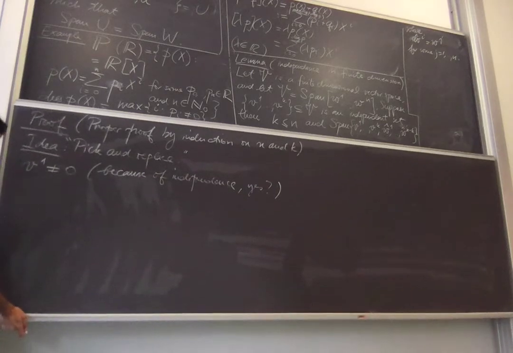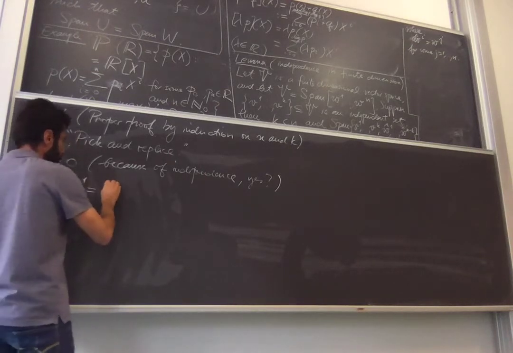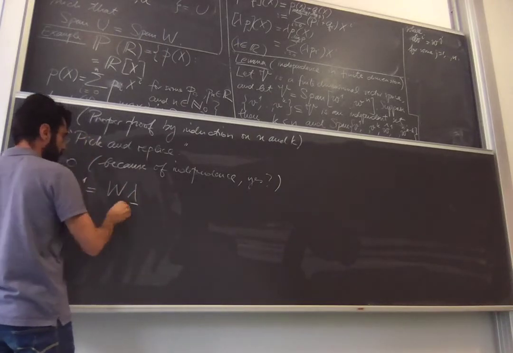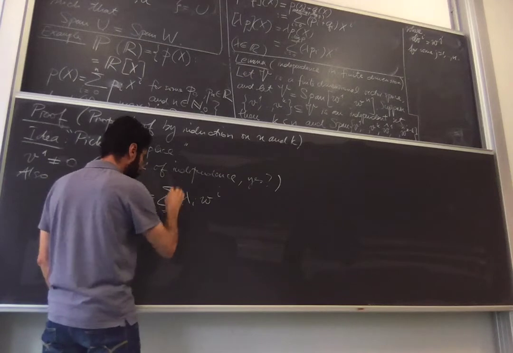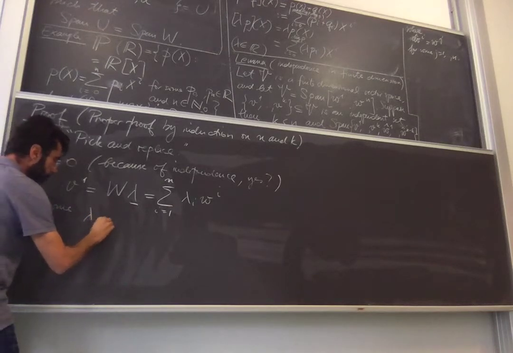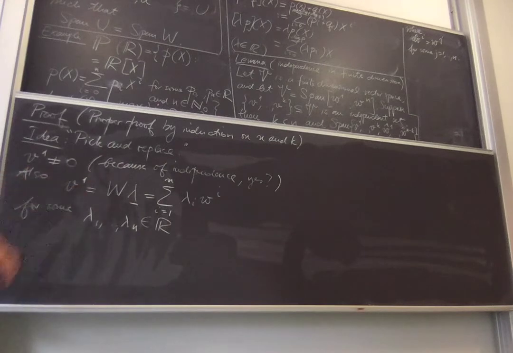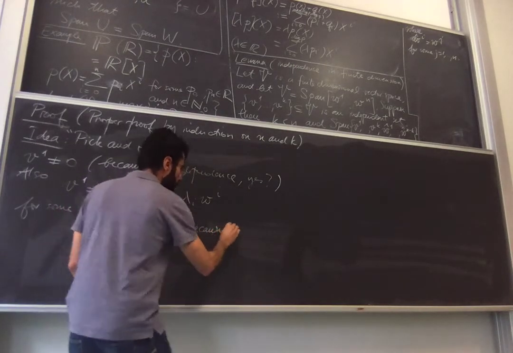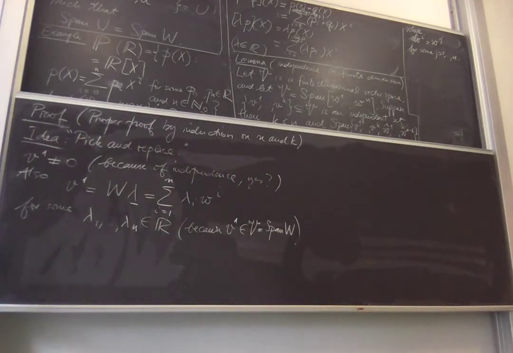Since V1 is different than 0, V1 must be equal to the sum of lambda_i W_i for i going from 1 through n, for some lambda_1, ..., lambda_n in R. That's because V1 belongs to V, which is the span of W, and therefore I can write it as a linear combination of the W's.